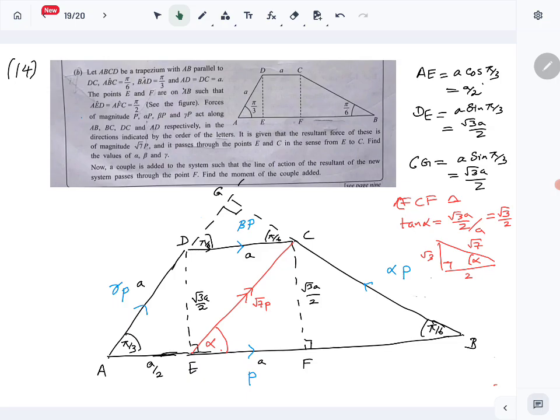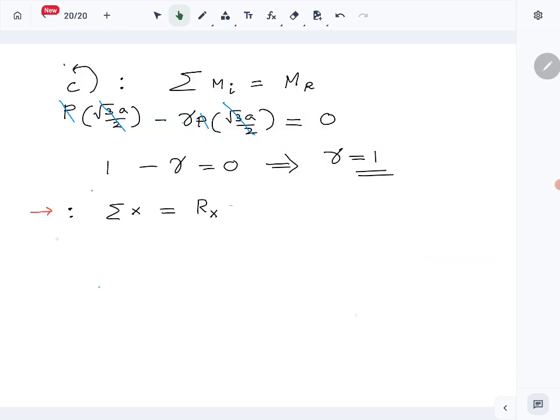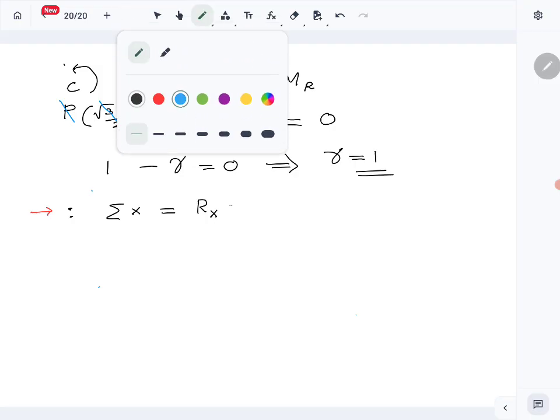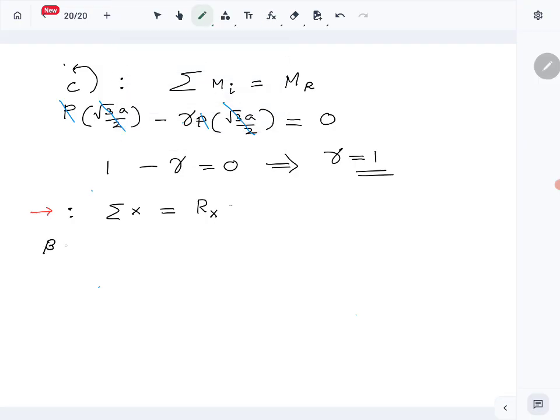So we have P and beta P, both of them are horizontal, in the same direction as this, which is my positive direction. So P plus beta P.